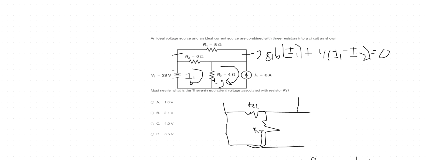And we know I2 equals 6 amps. Is it really 6 amps? Negative 6 amps. Where is I2? Right here.